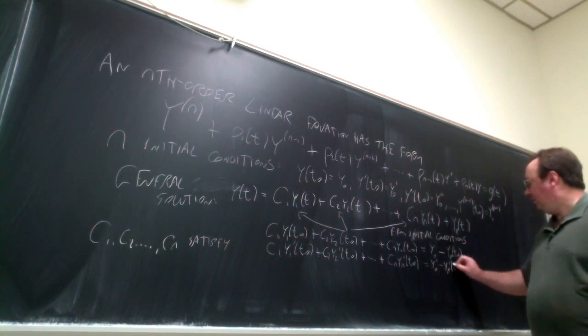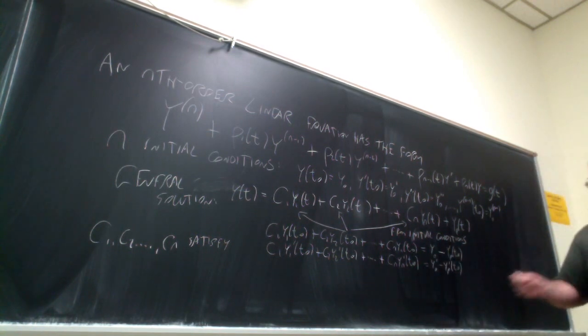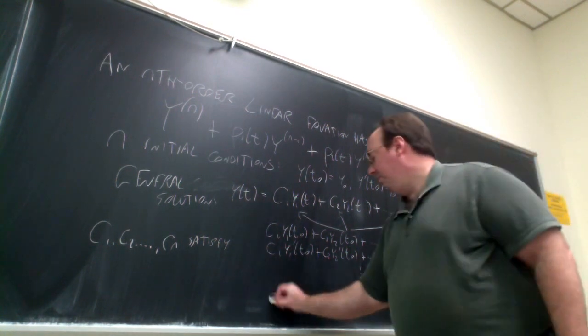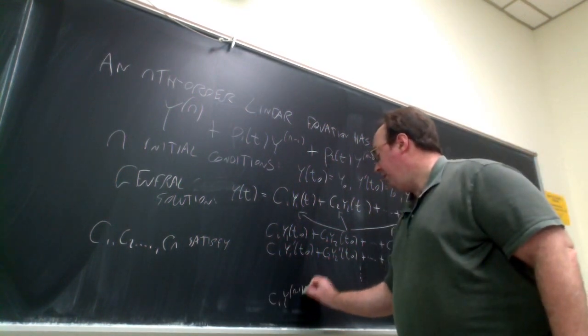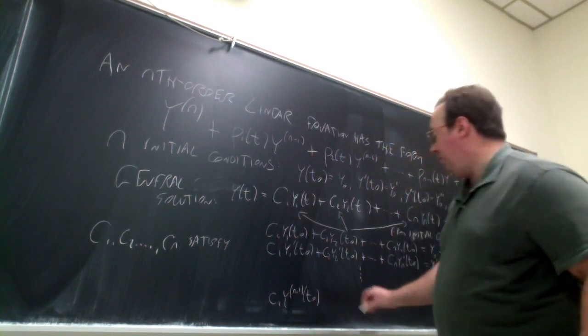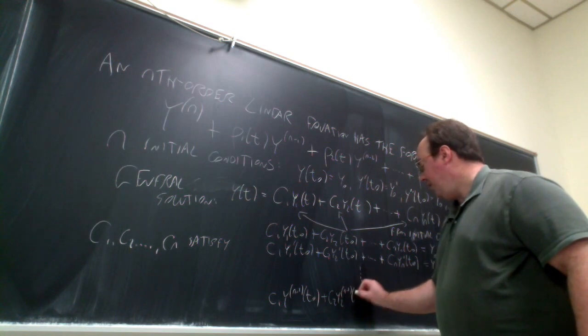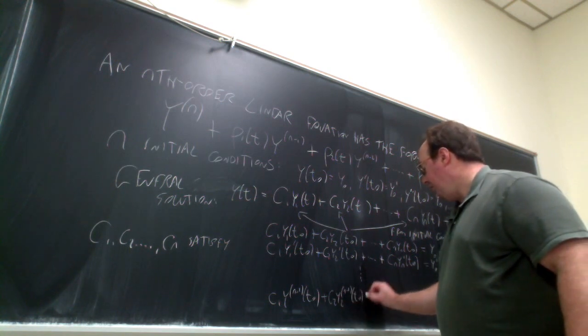And it keeps going all the way down to the n minus first derivative. So you have n unknowns, C1 up to Cn, and you need n equations to nail them down.